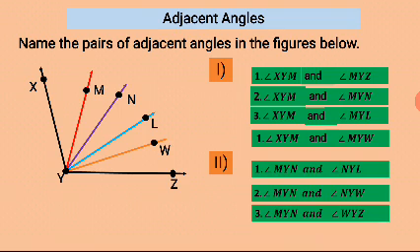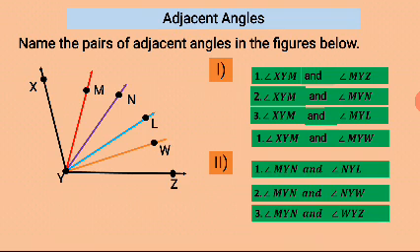MYN and WYZ are not an adjacent pair, because they are different angles with different arms. So the third pair is not an adjacent pair.